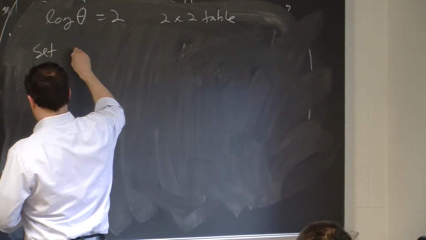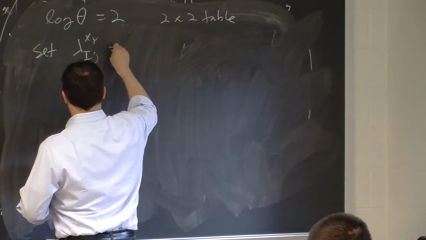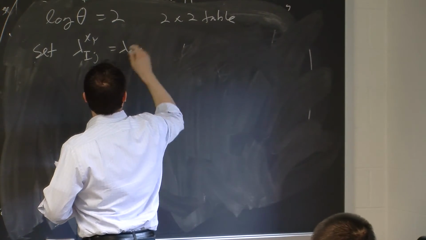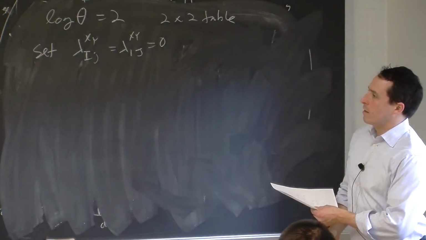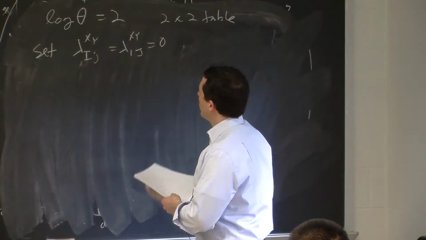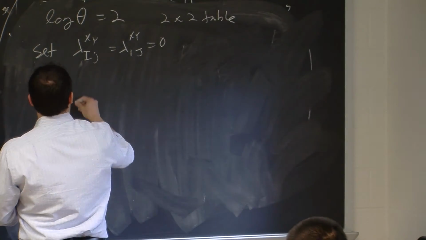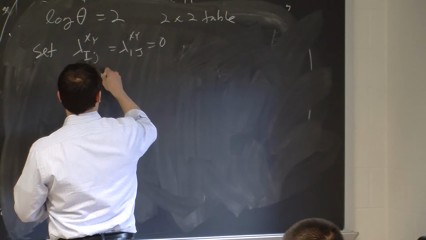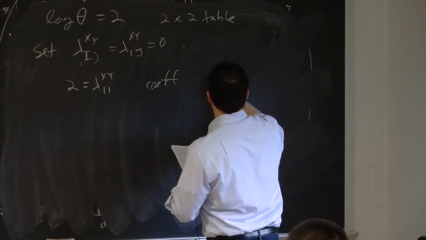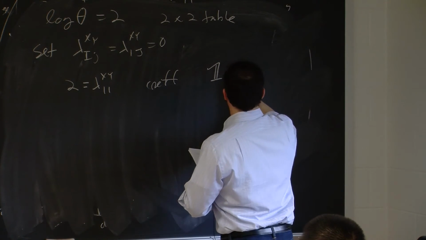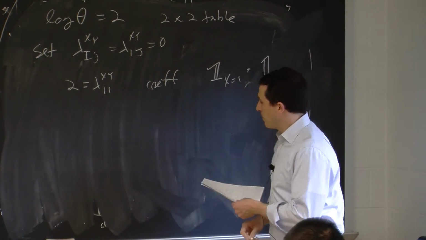I set lambda xy ij equal to 0 for the last category, so the dummy variable is 1 if the first category is hit, and 0 otherwise. Then I'll get 2 equals lambda xy 11. It'll be the coefficient of the dummy variable for x equals 1 times the dummy variable for y equals 1.